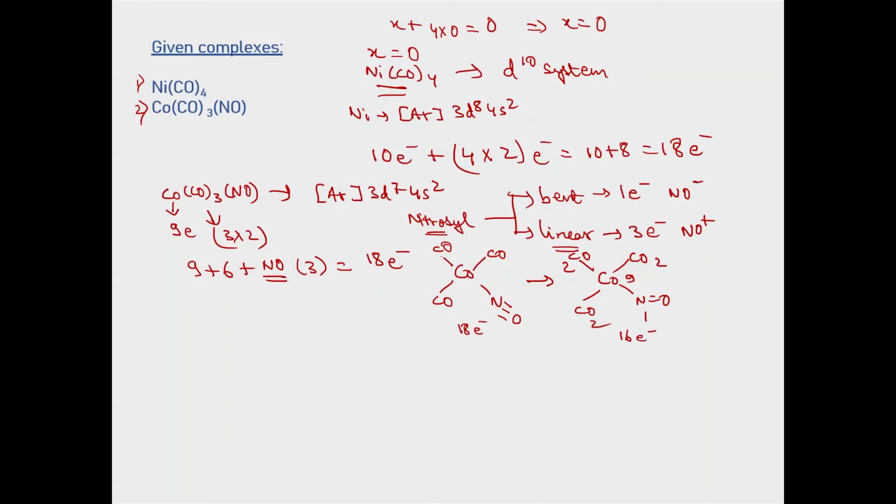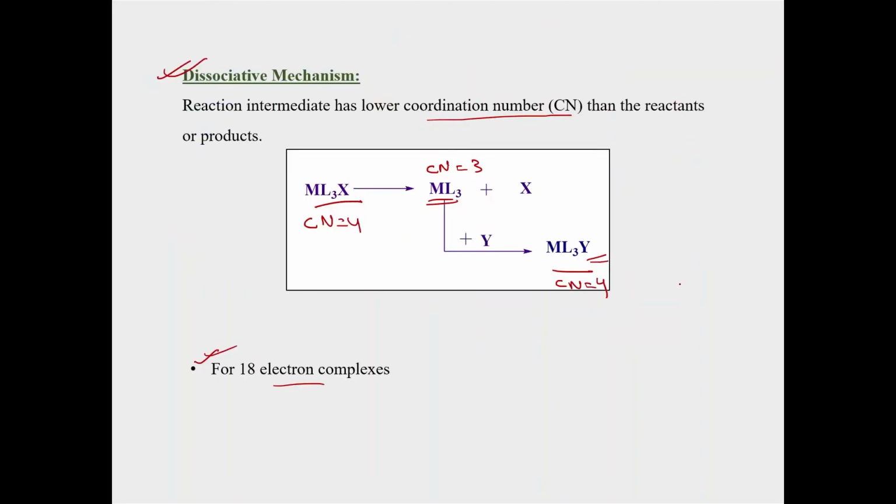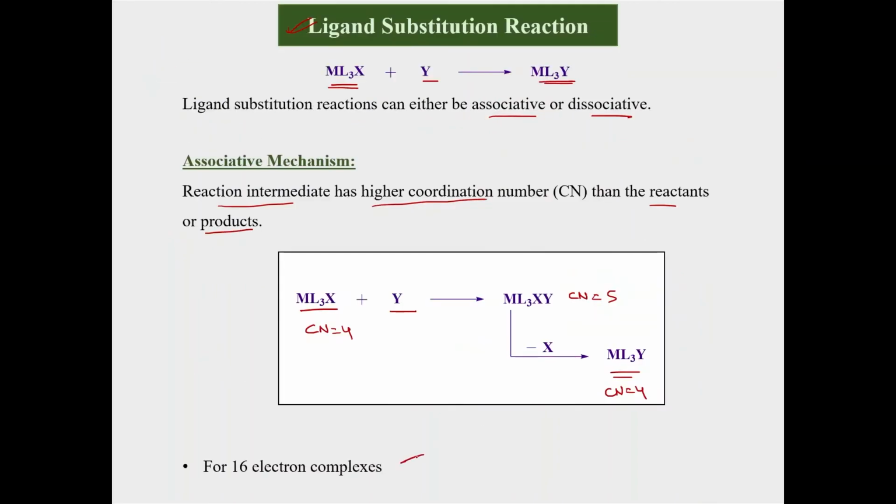So if any such kind of ligand is present which can change its mode of coordination, and by that it can change the number of electrons it is donating, for those cases it will change the mode of coordination with the metal center and it will become a lower electron complex, and hence it will now prefer... We have seen that for 16 electron complexes, associative mechanism is observed.